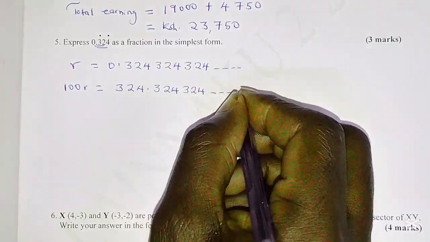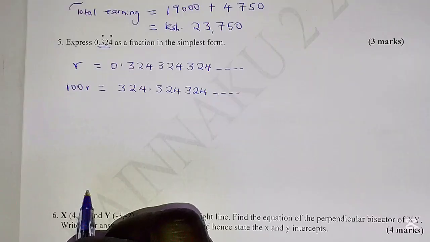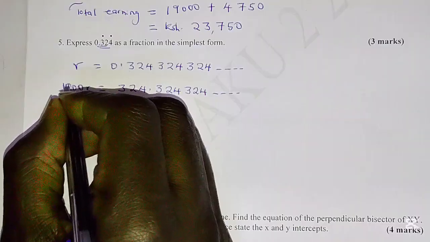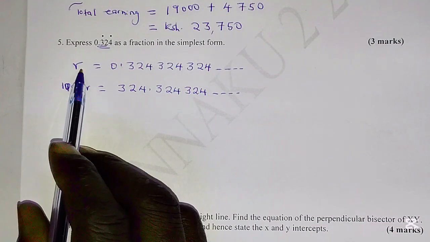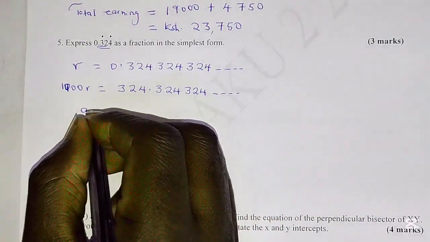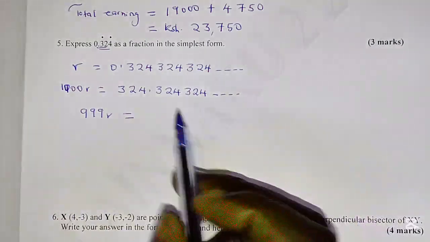This one is also still recurring. Now, at this particular juncture, we can subtract. This one is 1,000 R, not 100 R, 1,000 R. So if you subtract R from 1,000 R, we get 999 R is equal to.